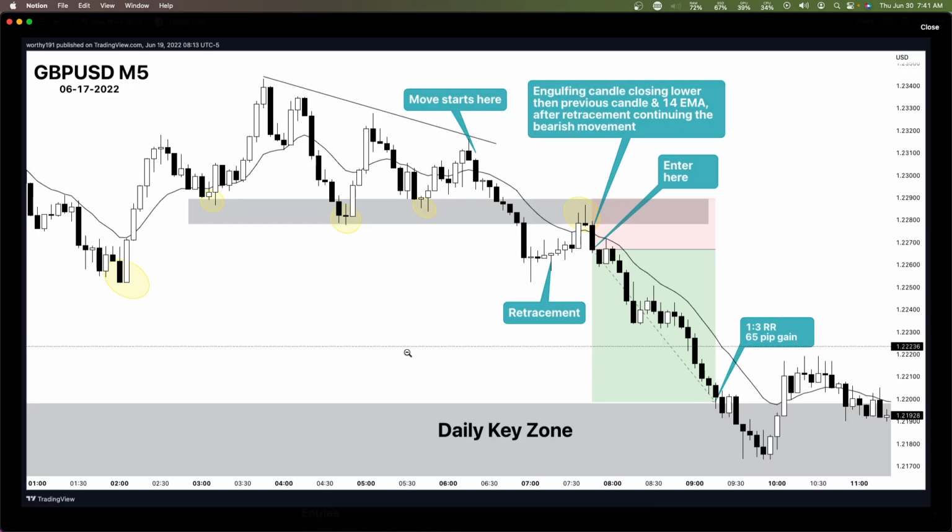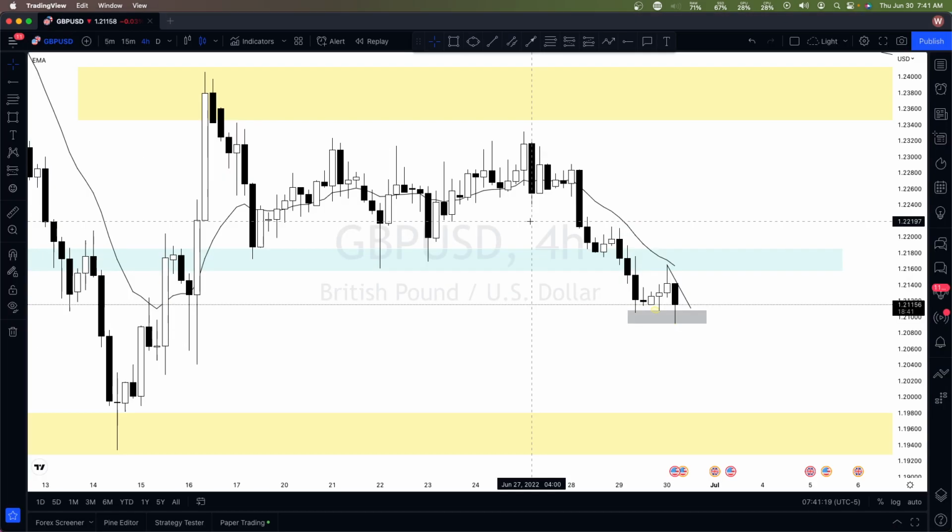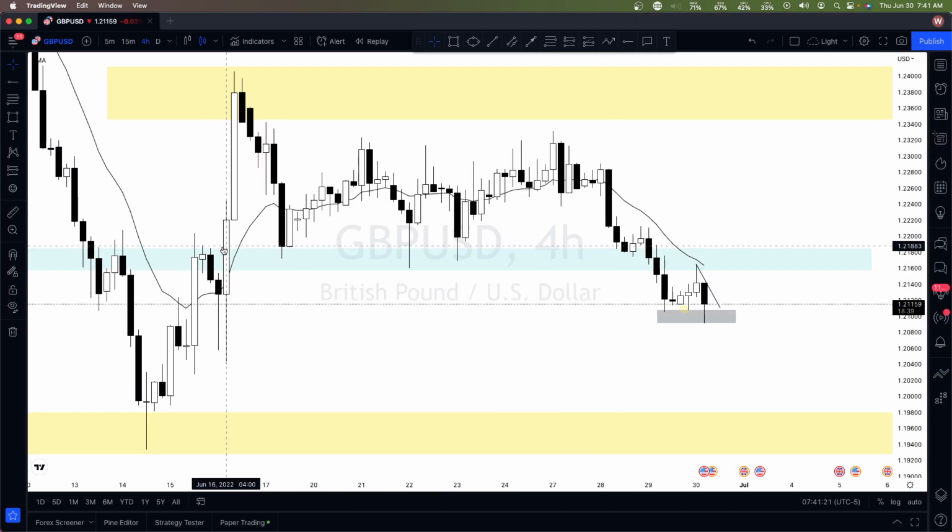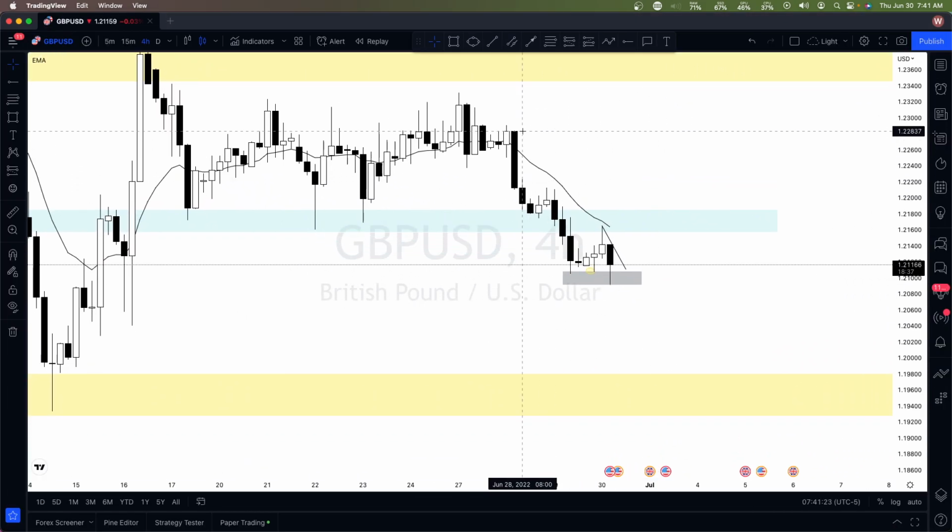So I just want to note the strategy: we have a zone, we have a breakthrough, we have a retracement or retest, and then we have an engulfing candle containing the original movement. Right here on the 4 hour, we have a zone that we touched 1, 2, 3, 4 times, which I'll mark up for a clearer view.